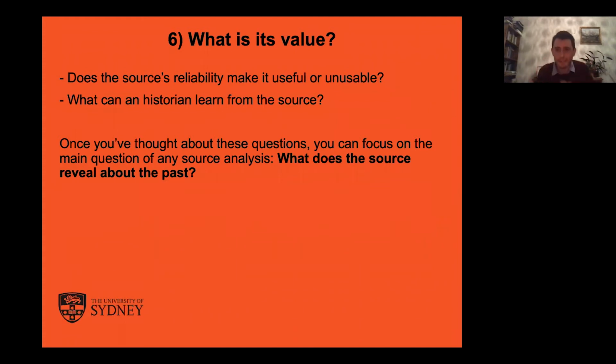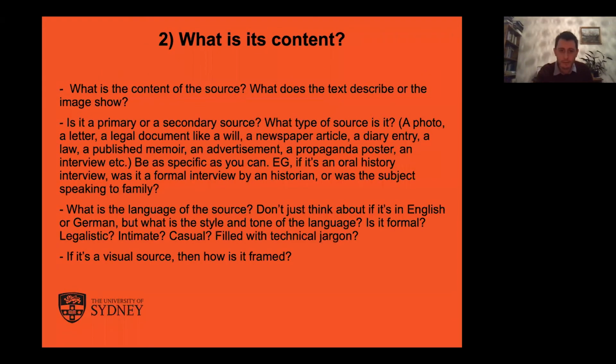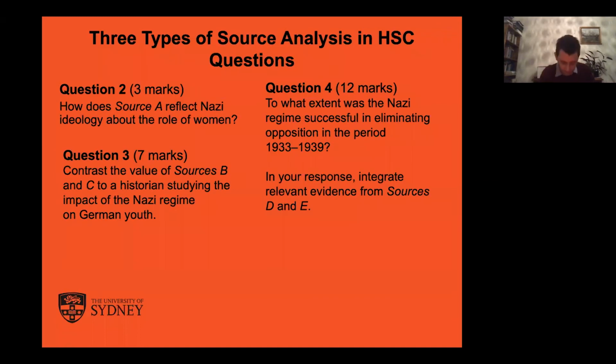This is what I'm going to suggest for working on your analysis of sources: practice using this framework, or another framework that your teacher gives you, to analyze primary and secondary sources. Just practice breaking them down, asking these questions and making notes on them. And then think about those 3 types of questions. What does the source reveal about something?